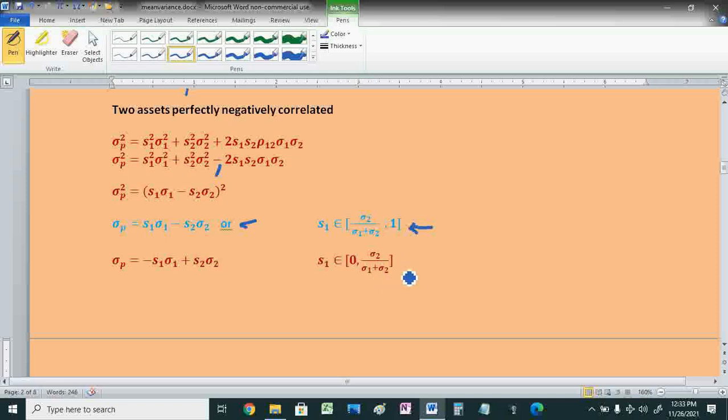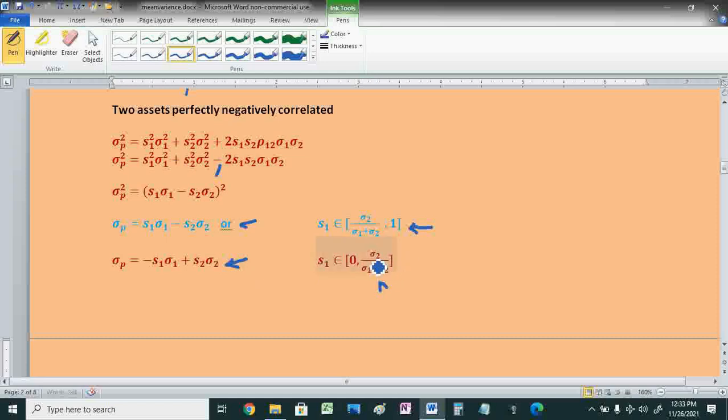But if in this root S1 is equal to 0, then sigma p will be equal to sigma 2, and so this is the lower limit of S1, and the upper limit is again defined by sigma 2 divided by sigma 1 plus sigma 2.